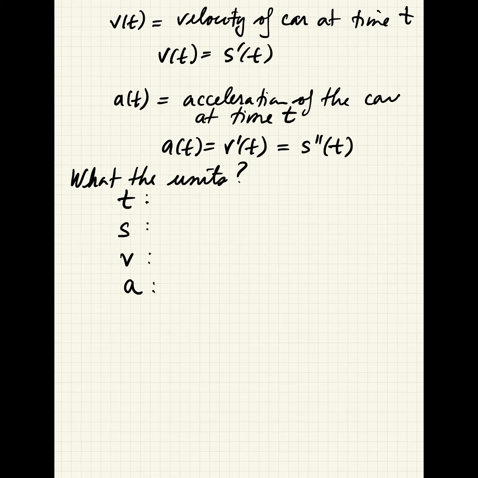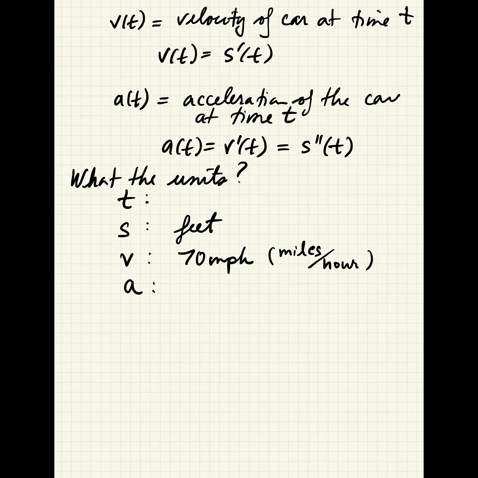In the problem, the first unit we're given is about velocity, and that's 70 miles per hour, so miles divided by hour. The other unit that we're given is feet.